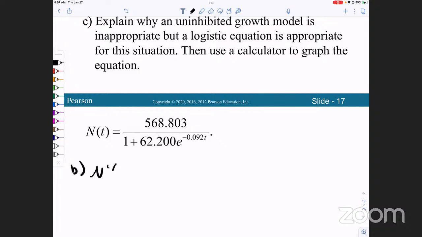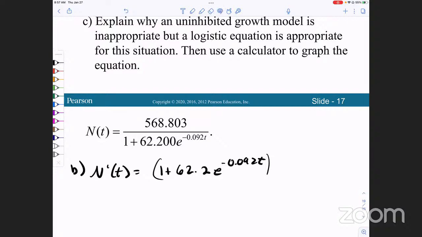So then our N prime of t, we have the bottom, which is this 1 plus 62.2 e to the negative 0.092t. The derivative of the top collapses all of this to 0, right? Because the derivative of a constant is 0.